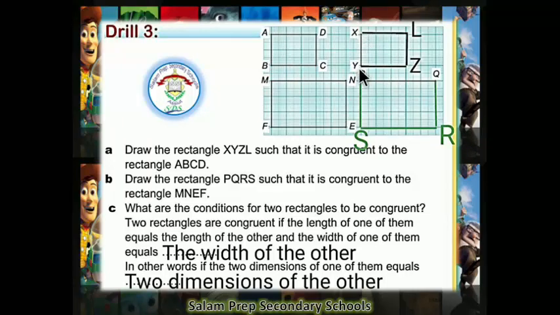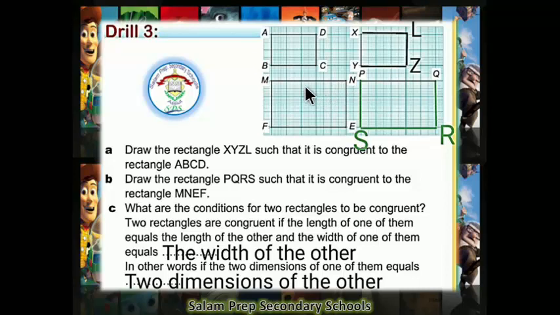So XY will be 2 centimeter. AD is 3 centimeter. So XL will be 3 centimeter. The length is 3. The width is 2. Okay?